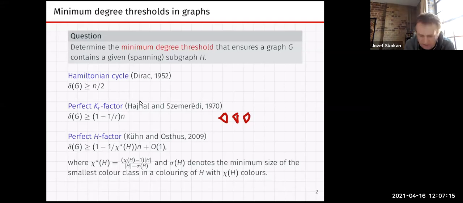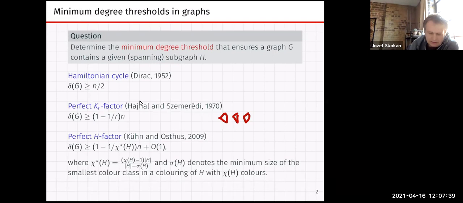After some effort, this was generalized to arbitrary graphs H. If you want to find a perfect H-factor, or tiling, of the graph G, then the minimum degree condition is given by this strange looking formula: (1 - 1/χ*(H))n plus a constant depending on H only.